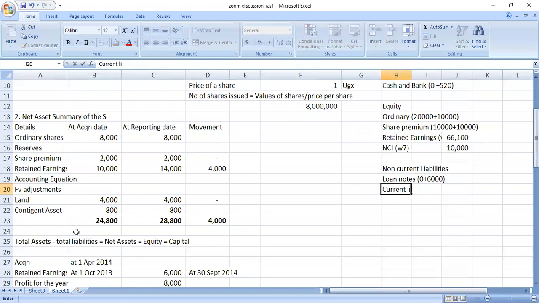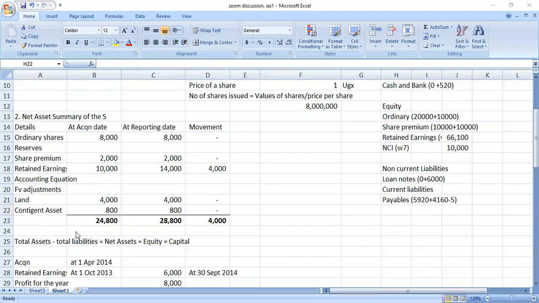The parent's accounts payable is 5,920. Then subsidiary is 4,160. But remember, we are removing the 5,000 from working number 5.